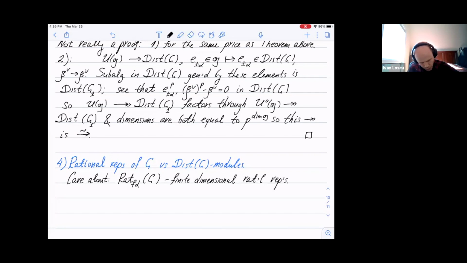On the other hand, we care about the category of finite dimensional modules over the distribution algebra. And more importantly, we care about the connection between the two.